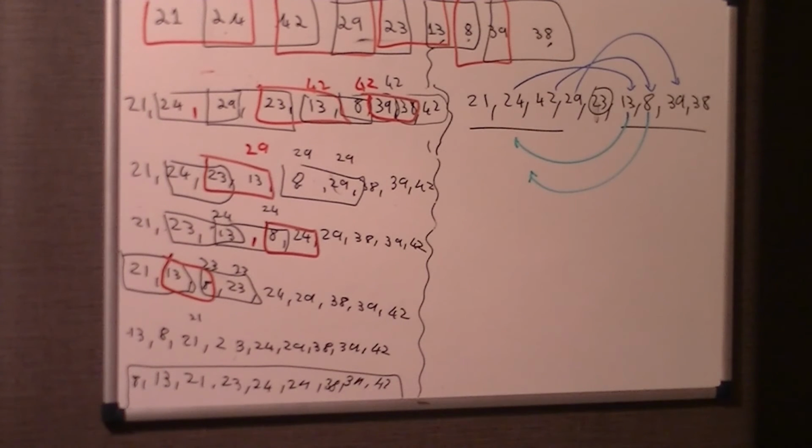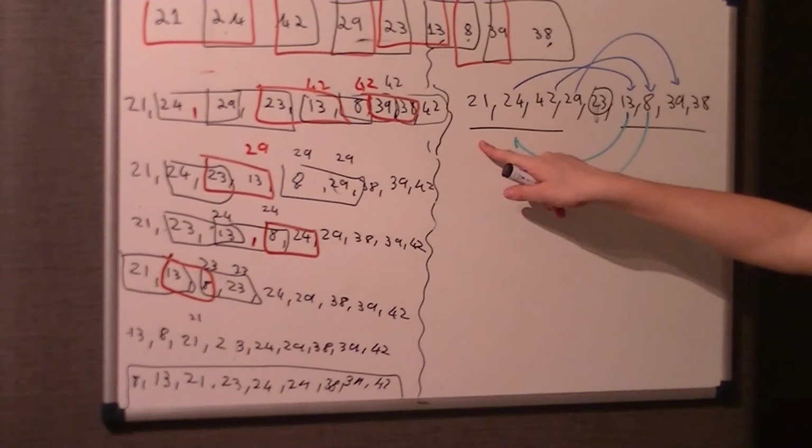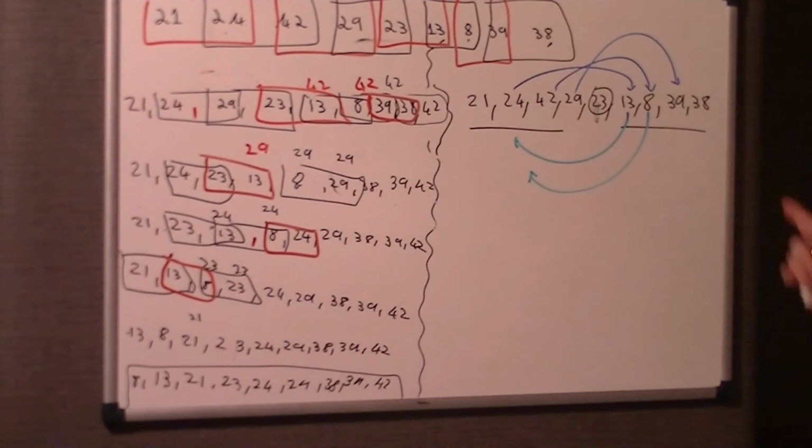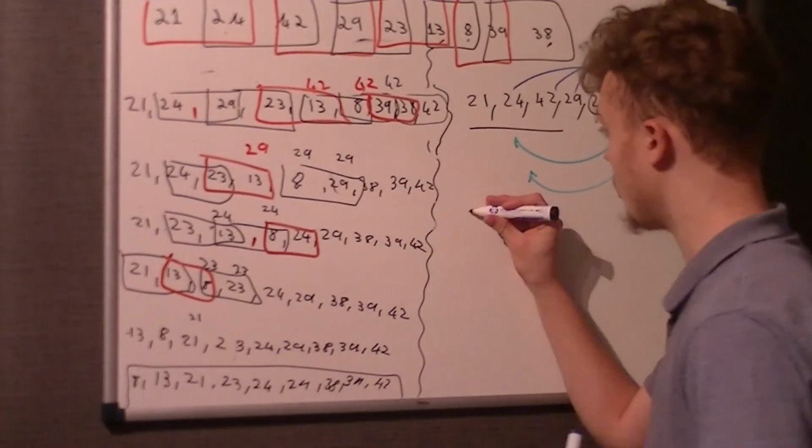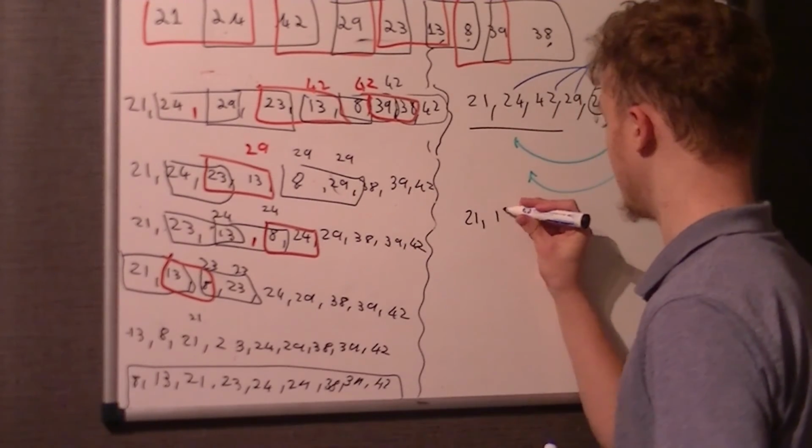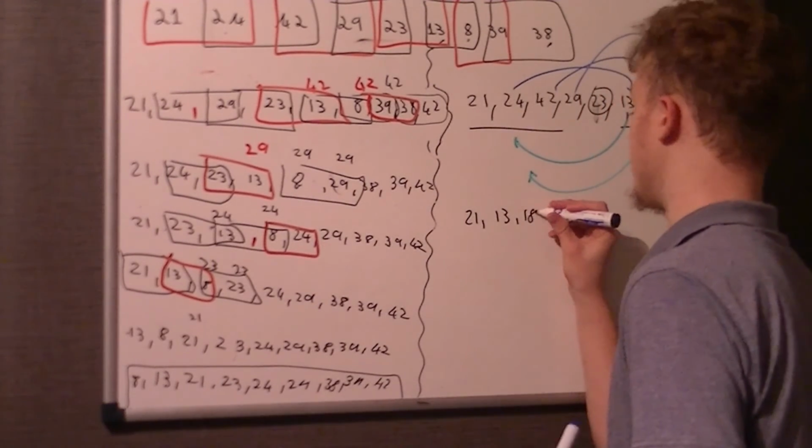It won't be too much of a problem, but it might be. So we write it out. Because 21 was already there, and we're moving everything that is on the right of 21, it's going to be 21, 13, 8, because that's all we're moving over to the left-hand side.